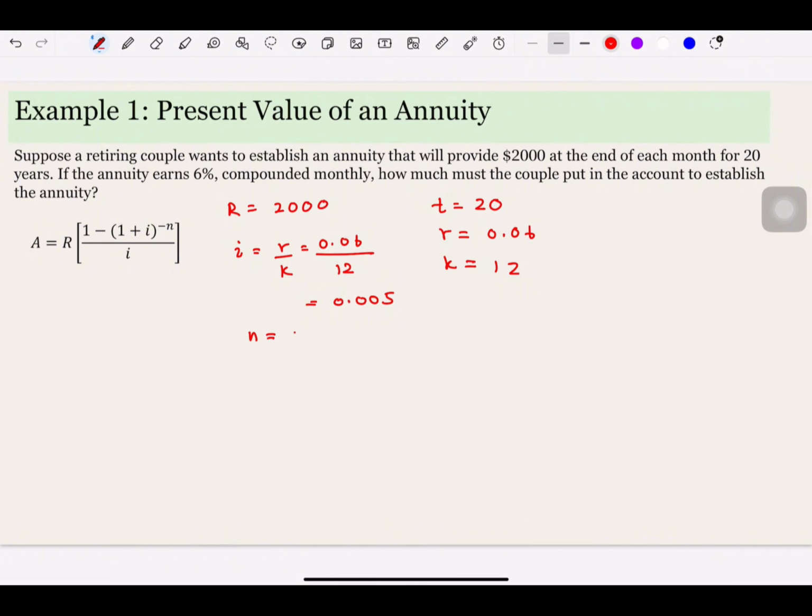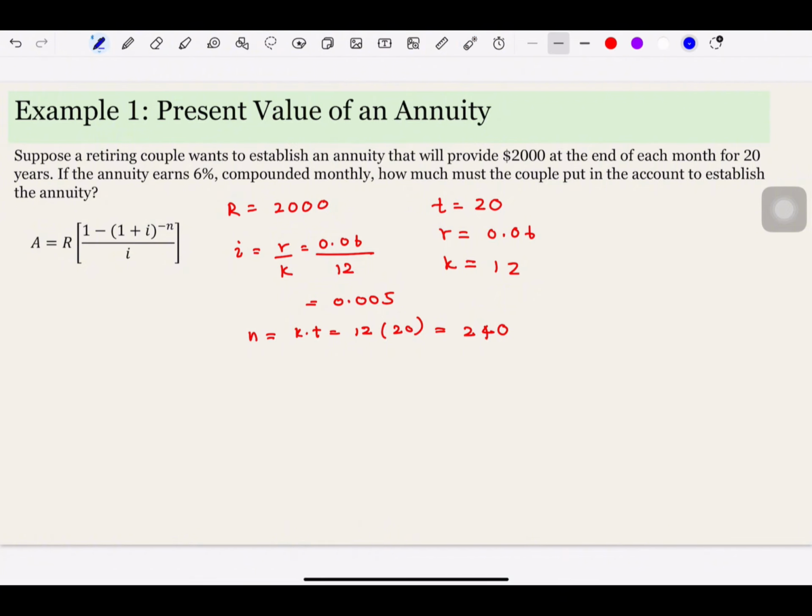To get that, you multiply k by t. So k is 12 and the number of years is 20, so the total number of periods is 240. Now I have R, i, and n, so I can plug these values into the formula and find the present value of this annuity.